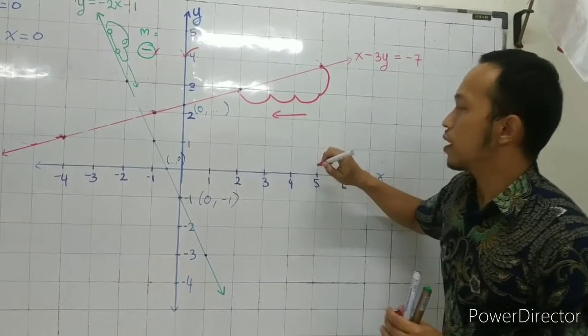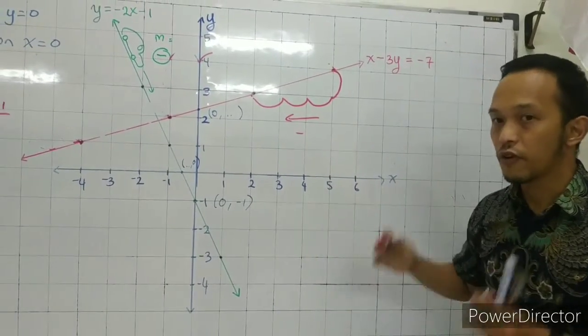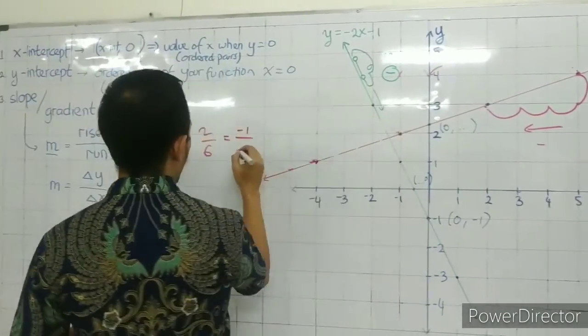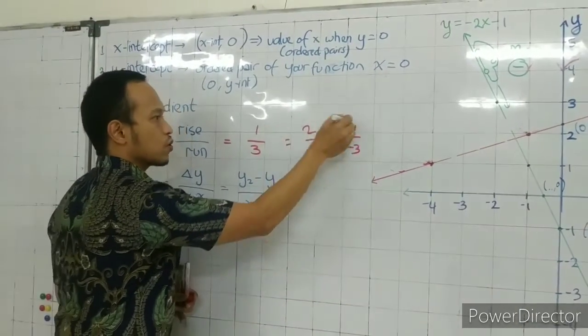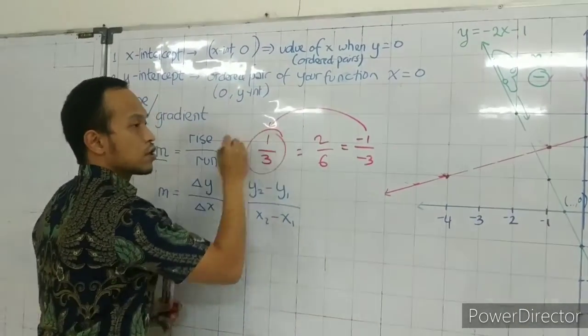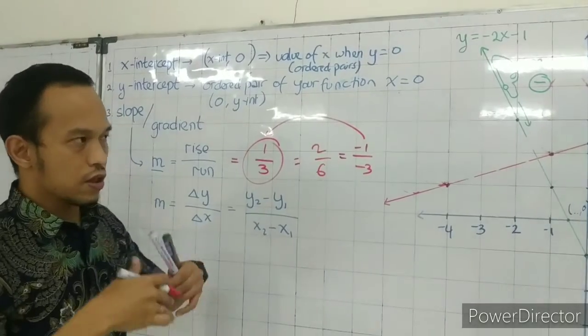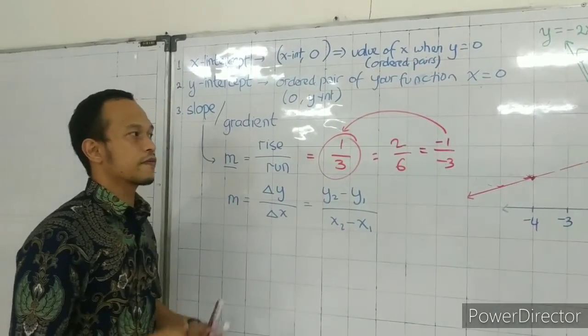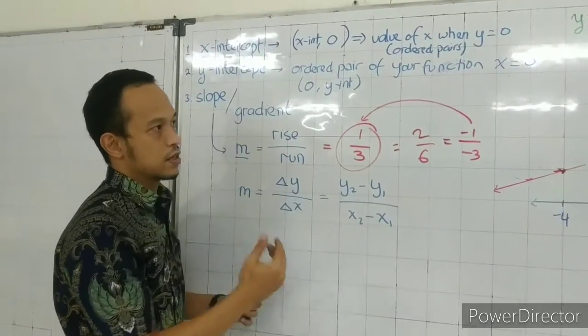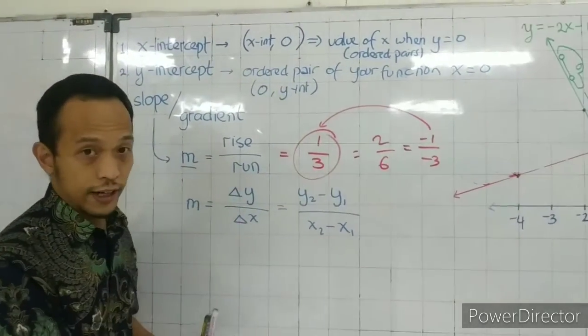Because I'm going left, it is negative, -3. So -1 divided by -3 is also the same as 1/3. Again, you can use a different approach. As long as you know the concept of the slope, the value will be consistently 1/3 for the red line.